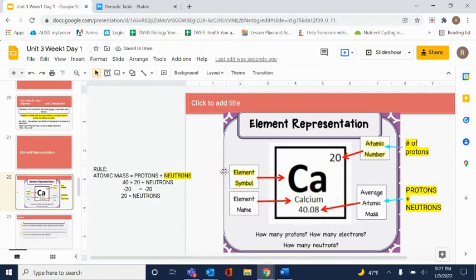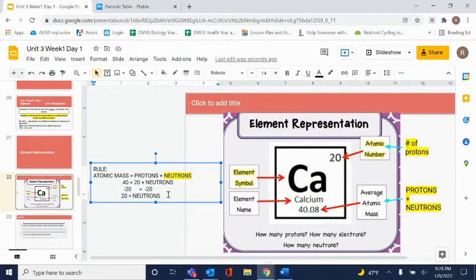So for example, the atomic mass of calcium is roughly 40. Okay, so I just used whole numbers here. 40 is equal to 20 protons, because I got that from here, plus blank, or neutrons. Okay, I want to get neutrons by itself, so I've subtracted 20 from both sides. Minus 20, minus 20. There are 20 neutrons.